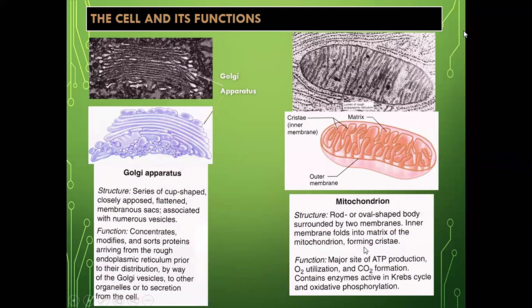And these contain enzymes that are active on your Krebs cycle and in phosphorylation. When the amino acid is being phosphorylated, or the enzyme is being phosphorylated, it means it is being activated.